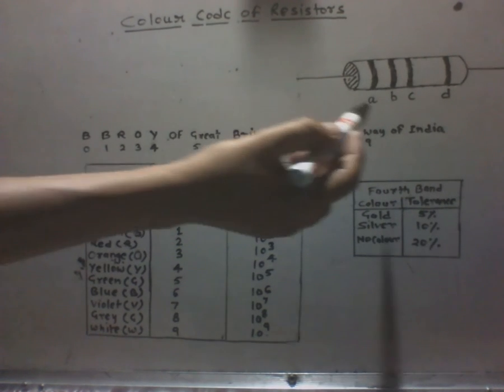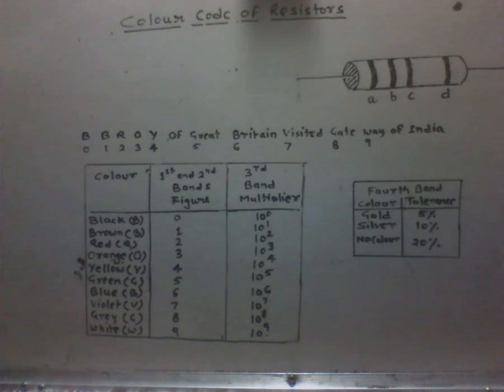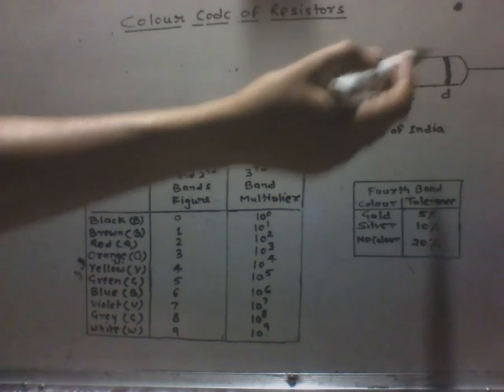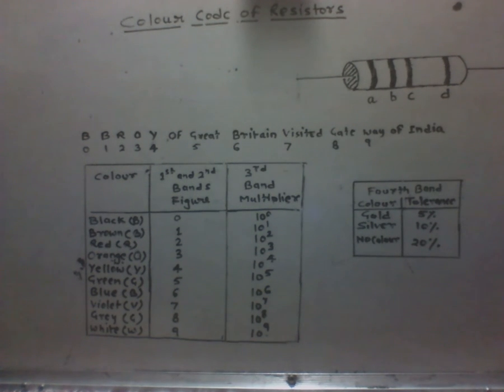The first 3 bands A, B and C determine the value of the resistance, and the fourth band D gives the percentage reliability, also called tolerance.